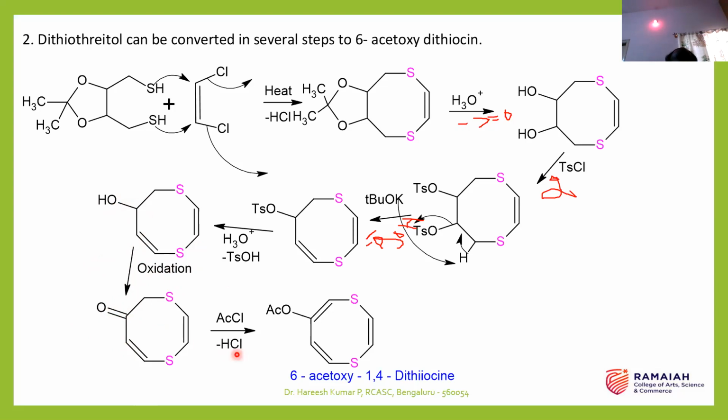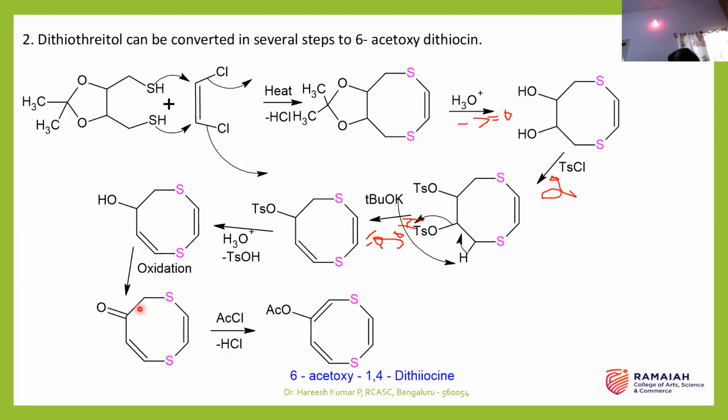And this ketone, in the presence of acetyl chloride, what will happen? This proton is acidic, you know that. Why? Because it is adjacent to the carbonyl group, and this proton is on the enolic carbon. The proton can be easily captured. H and Cl will go out as HCl as a byproduct, and the bond pair comes over here, and this bond pair picks up this acetyl group.